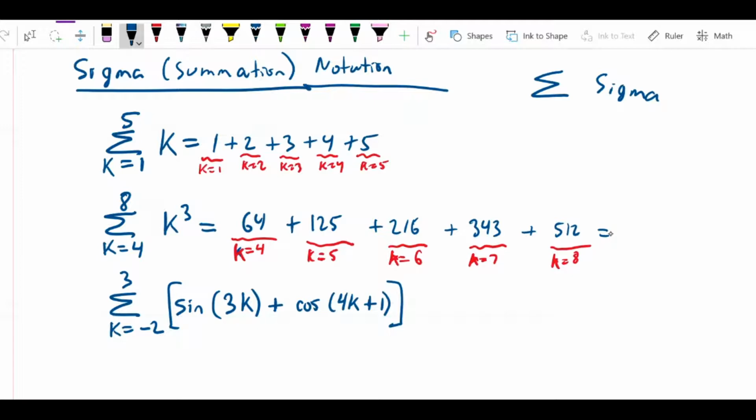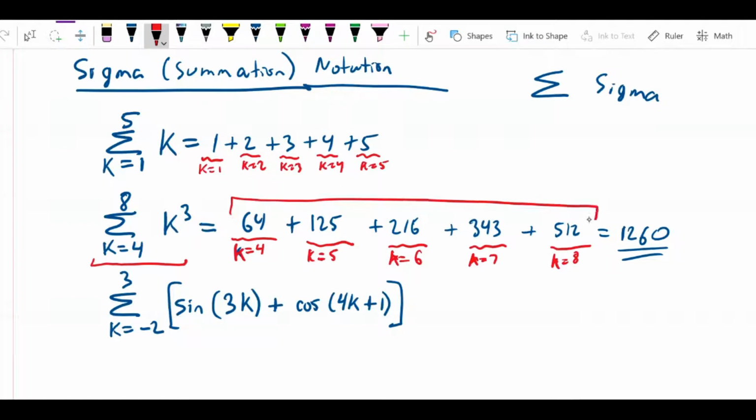When we add all of these up, that gives us 1260. I didn't really do that in my head, that was in my notes. The fact that it equals 1260 is not the important thing. The point is that this is a shorthand for this. It's just a shorter way of saying we're going to add up the cubed function of all the integers from 4 to 8.